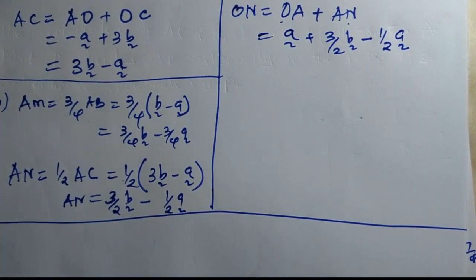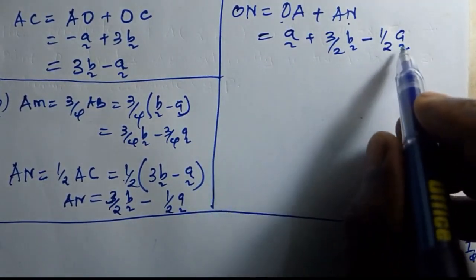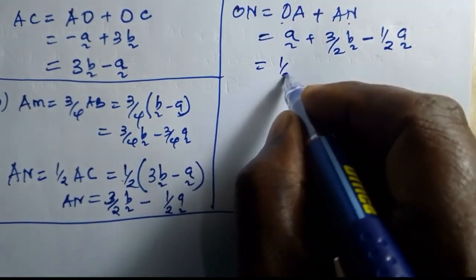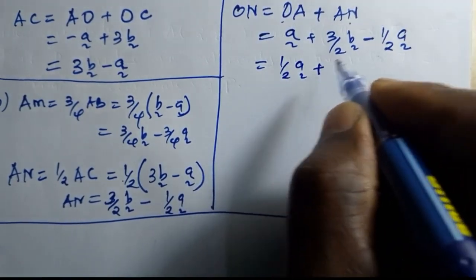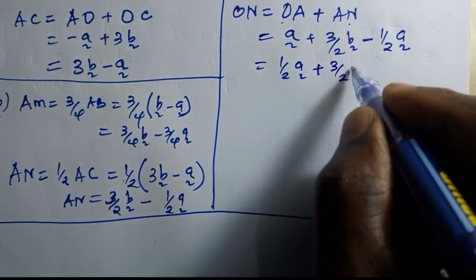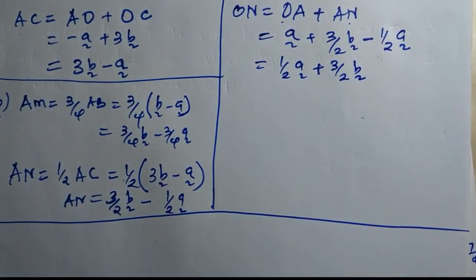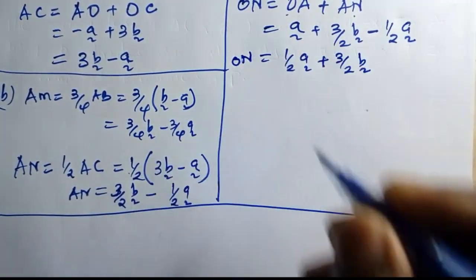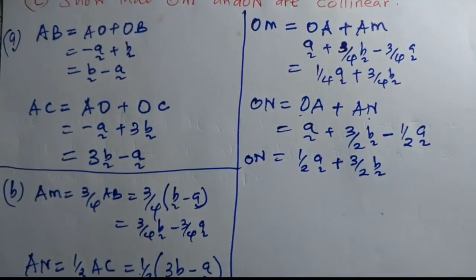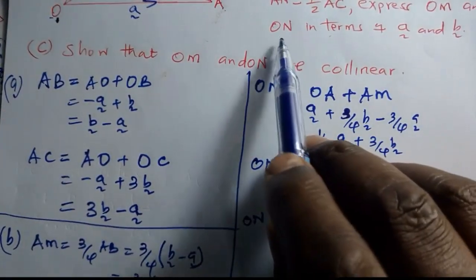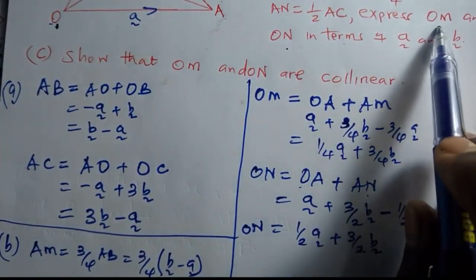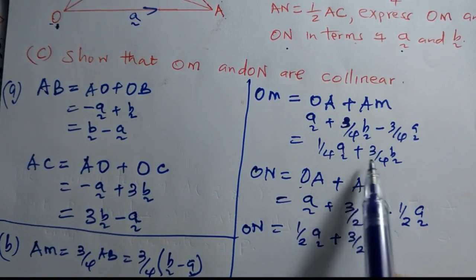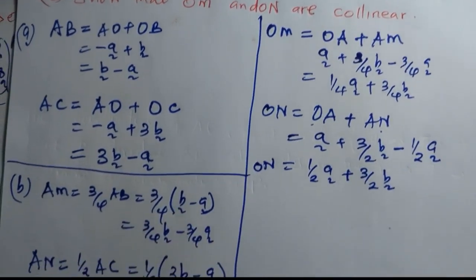Right? So we collect like terms together. 1A minus half A is going to be a half A plus 3 over 2B, and that is our ON. We have now answered the question, express ON and OM in terms of A and B. We have done that, and I hope you are following.